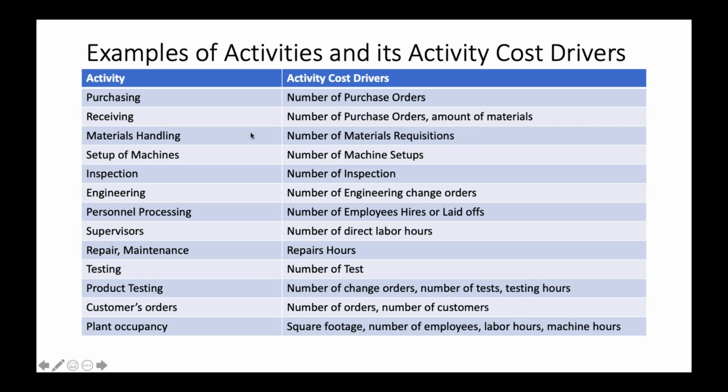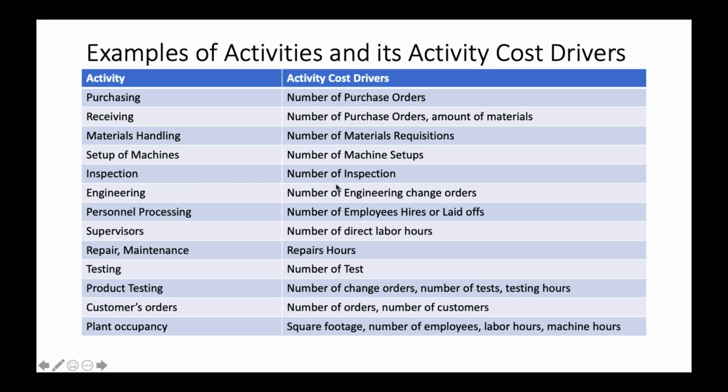For the receiving department, cost drivers are the number of purchase orders and amount of materials. And there are also other cost drivers that can be used inside the receiving activity. Materials handling, for example, number of materials requisitions. Setting up machines, number of machine setups.